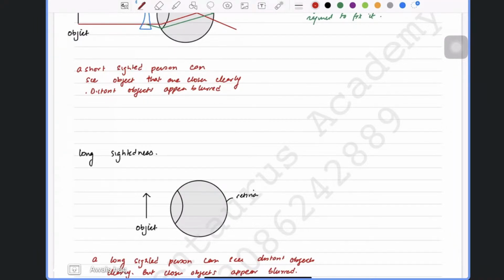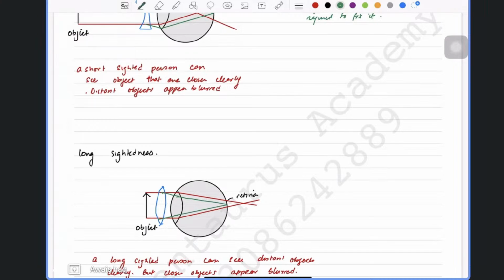The reason for that is that when the rays come, the eye cannot bend them enough, and they meet behind the retina. We have to fix it, and to fix it we use a converging lens because we need more bending. So this converges them more, and the eye, which is not converging them enough, now converges them like this.